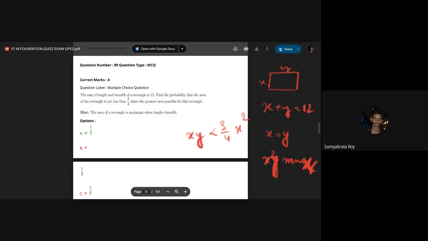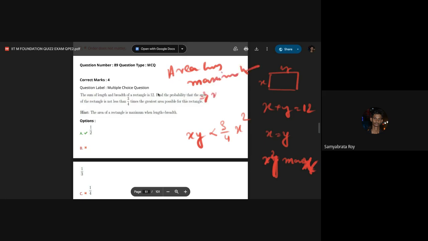Can anyone tell me any approximation? Suppose there's a scenario when xy is maximized, okay, the area has maximized.